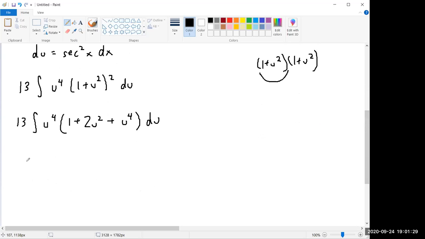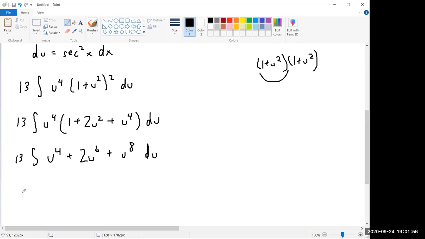So then I can distribute the u to the 4th. So this is u to the 4th plus 2u to the 6th plus u to the 8th. We haven't integrated yet, so this is fine.